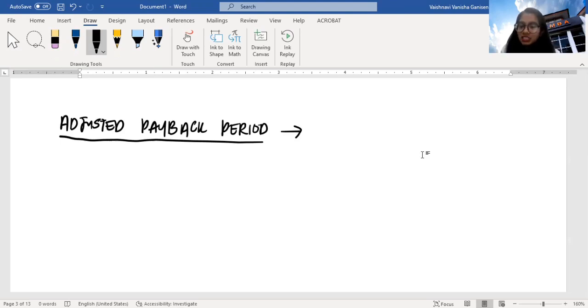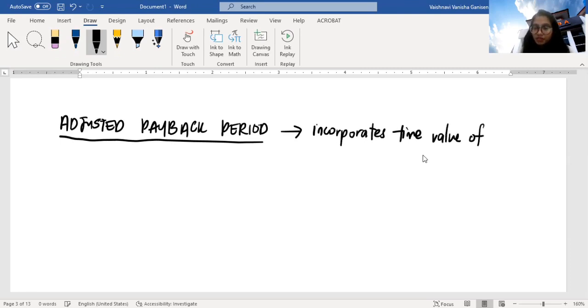As for the adjusted payback period, what you need to understand very clearly is that you incorporate time value of money. But the concept remains exactly the same. So the concept is how much time it takes for you to get back the value that you have invested.